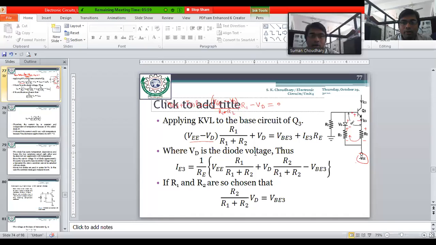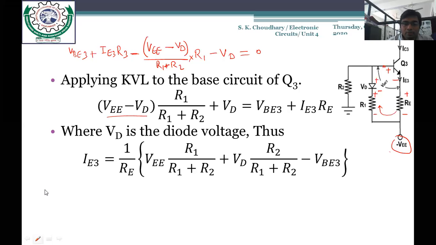It is very simple: we just take VBE3 to the other side of the equal sign, so it becomes minus here, and divide by RE. This becomes the equation for IE.